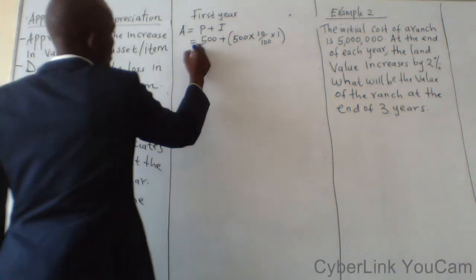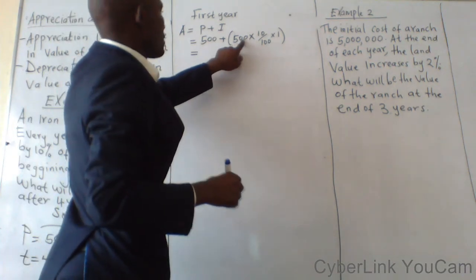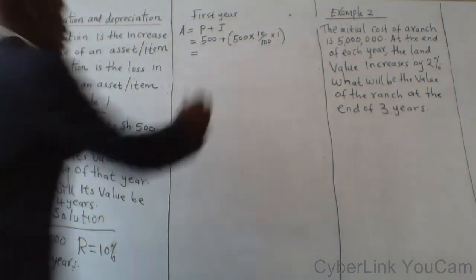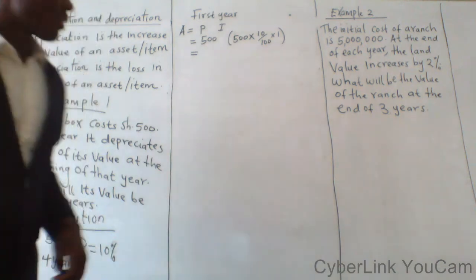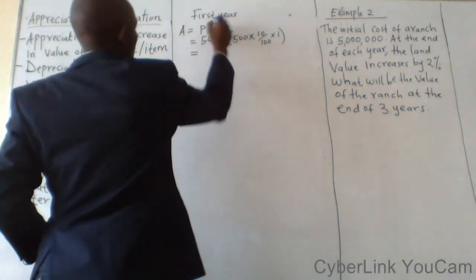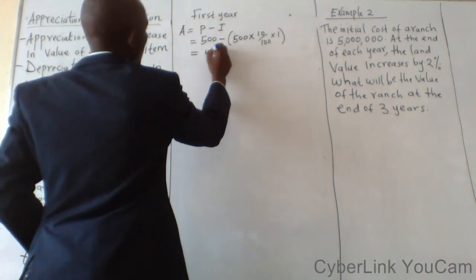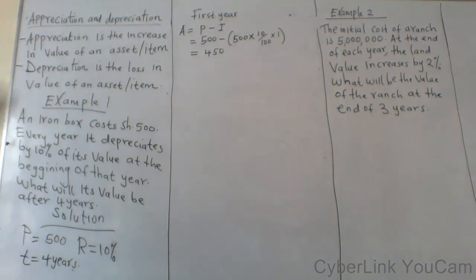So if you take 10% of this, you get 50. If you remember, it was depreciating. When it is depreciating, we subtract. For depreciation, you subtract. So if you subtract this, you will get 450 shillings. So at the end of the first year, this item will have dropped its value to 450.